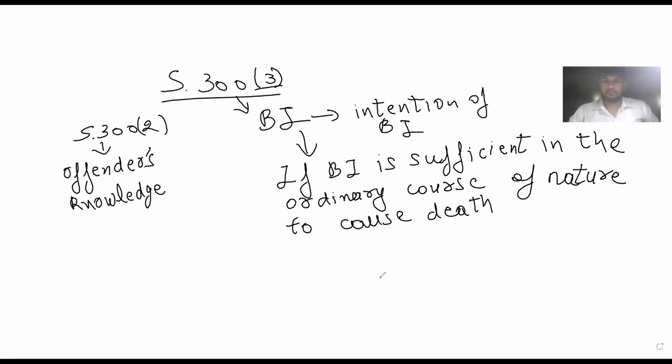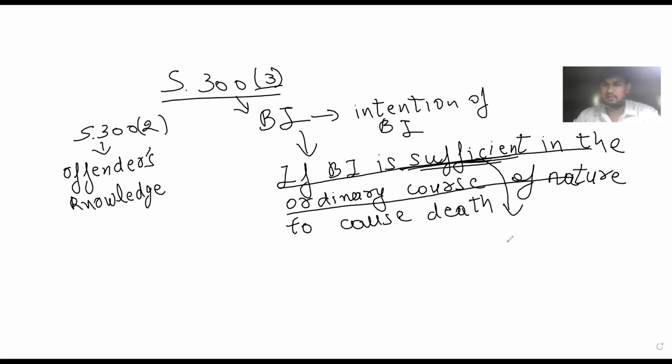Now, here again, if bodily injury is sufficient, for sufficiency, what will we examine? For sufficiency, again, we need to call expert opinion. Expert opinion will be seen whether the bodily injury which is caused by the accused is sufficient in the ordinary course of nature to cause the death.